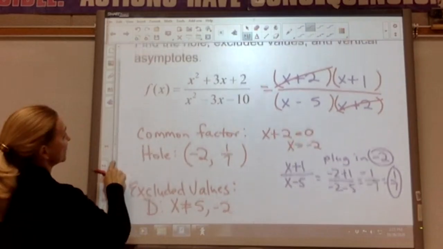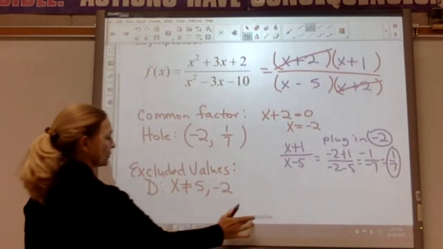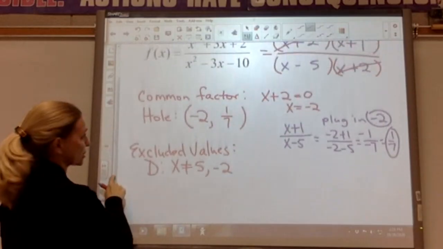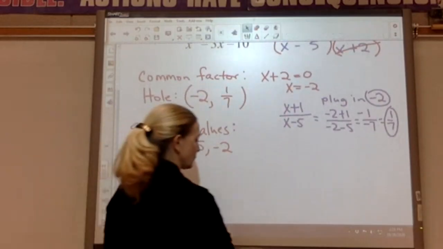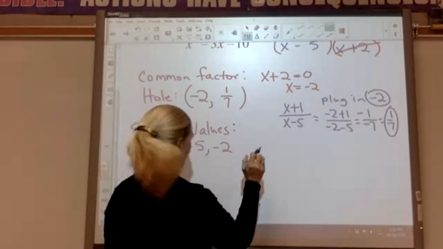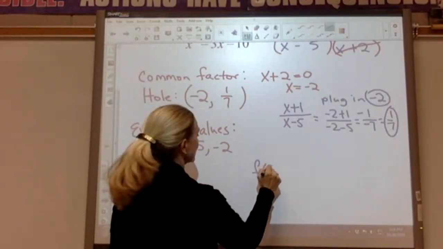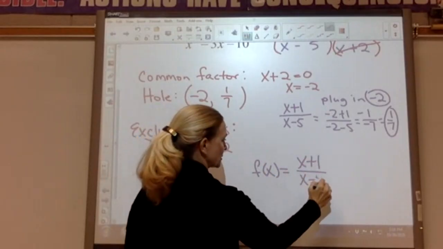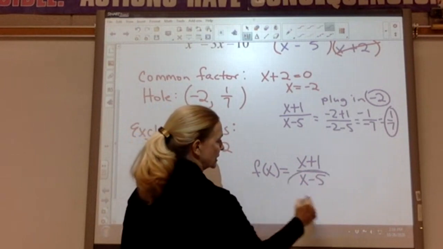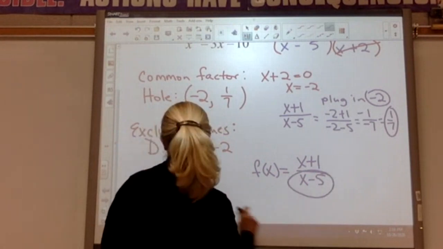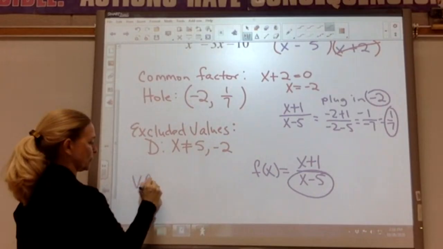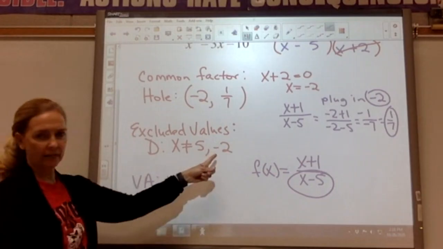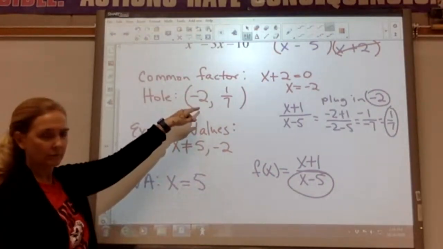Now, we talk about finding the vertical asymptotes. So the vertical asymptotes use the reduced fraction, right? So the reduced fraction, or our new function, is f of x equals x plus 1 over x minus 5. So this is where I'm going to get my vertical asymptote. So the vertical asymptote is x equals 5, not the -2, because that was a hole, right?